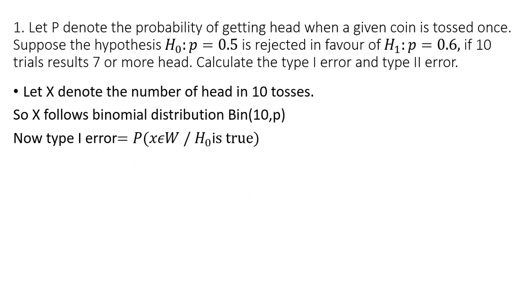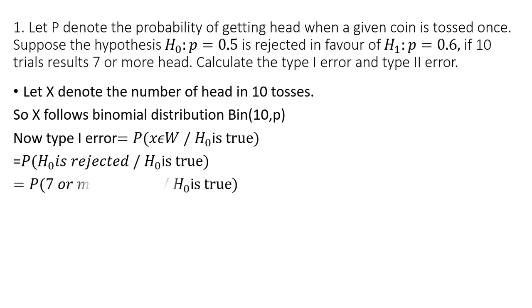Now what is type 1 error? Type 1 error means x will be in the critical region and the null hypothesis will be true. And if the null hypothesis is true, we can take p as 0.5. The critical region means all the points where we can reject the null hypothesis, and H0 is true.